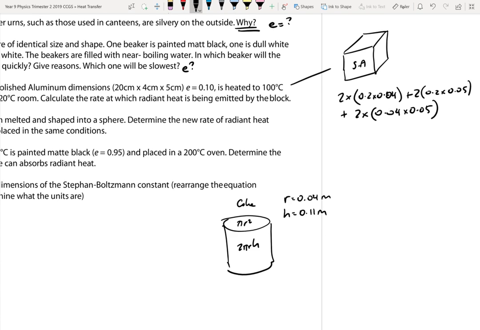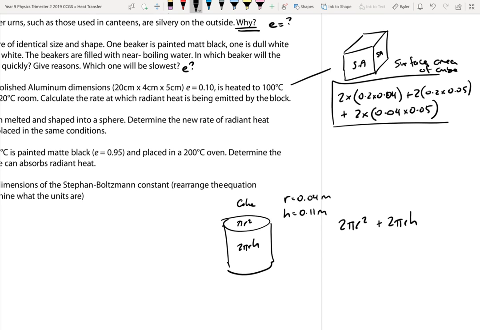All right, so you've done 2 pi r squared plus 2 pi r h.